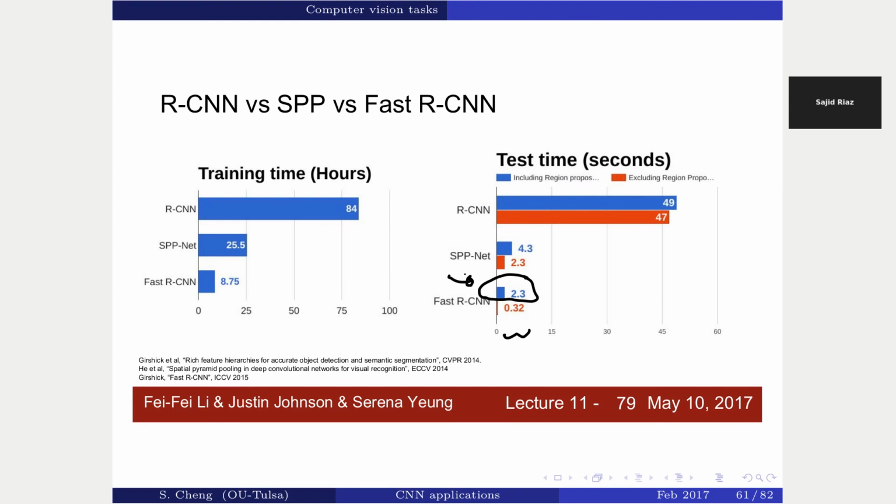So what do you think? What should we do? Potentially, what can we do to cut down this time here?